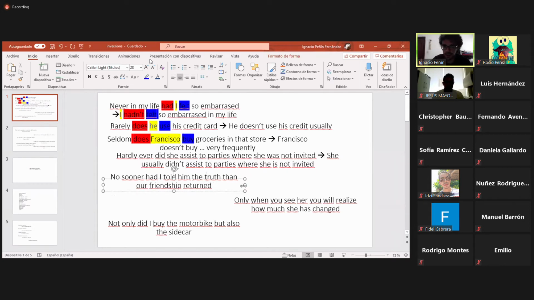Yes. Well, can you do this exercise with all the other sentences? It's only to put them in positive. Well, in negative.